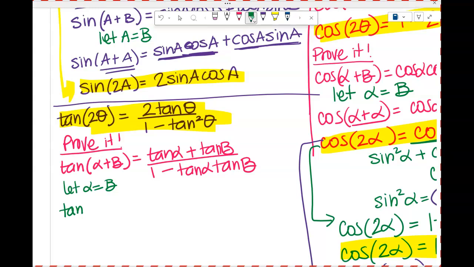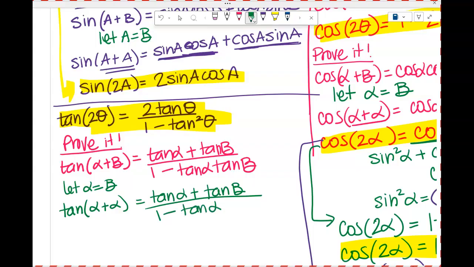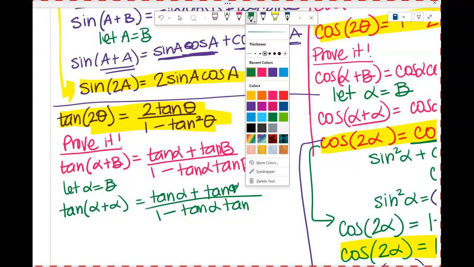So then tangent of alpha plus alpha equals tangent of alpha plus tangent of beta divided by 1 minus tangent of alpha times tangent of, oops, remember we want to take all the betas out and substitute that with alpha. So let's get rid of that beta, okay? And then put alpha in its place.